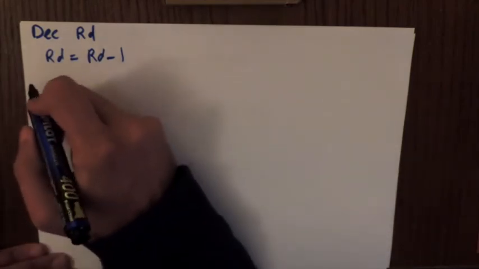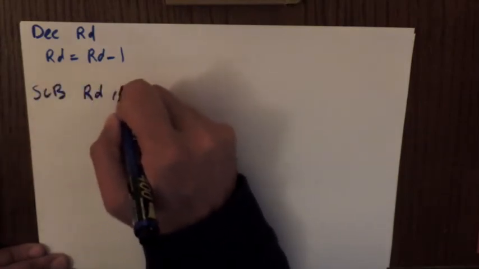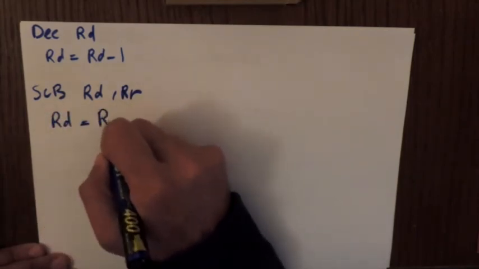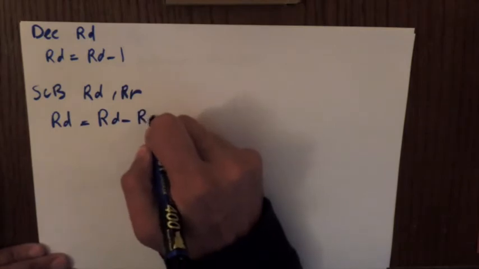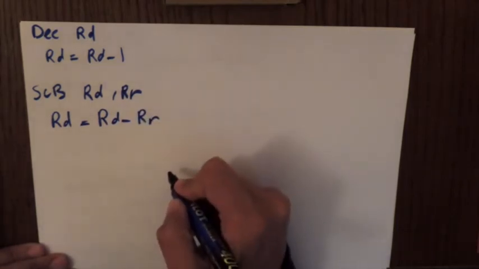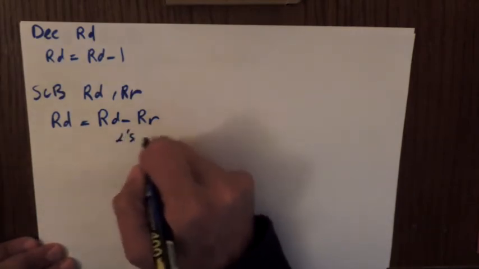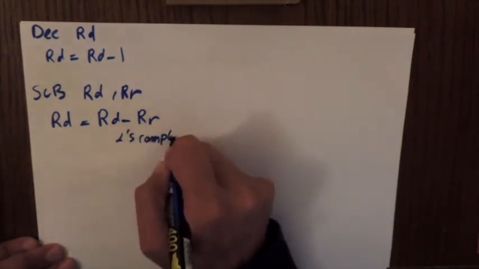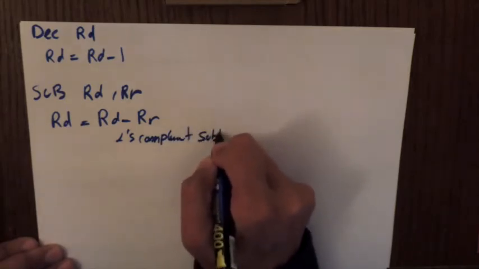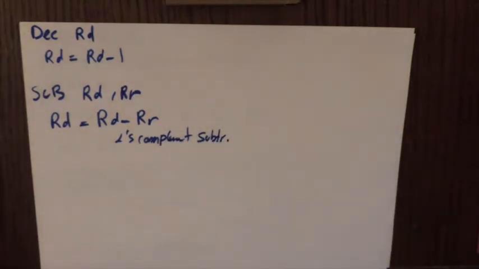We also have subtract, which takes two registers, RD, RR, and what subtract does is similar to add, but we do the subtract operation, which is RD is equal to RD minus RR. So we subtracted. Of course, this is a 2's complement subtraction. So we'll check examples later.